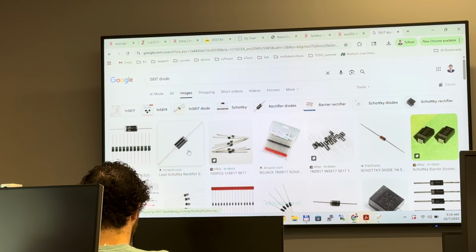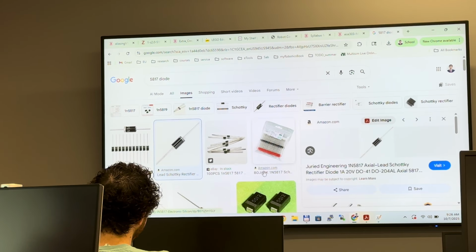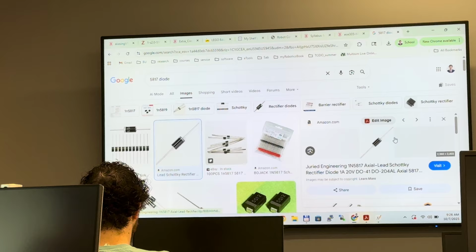You'll be using this diode we have in the lab.